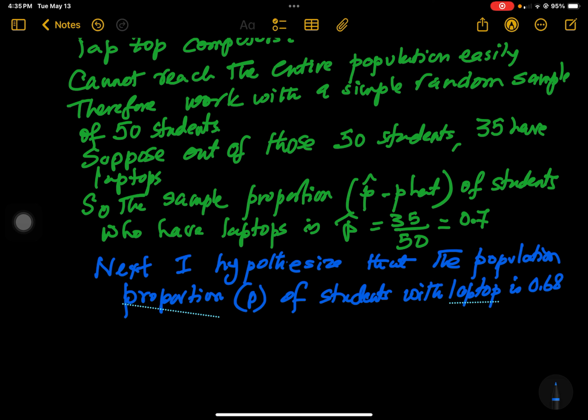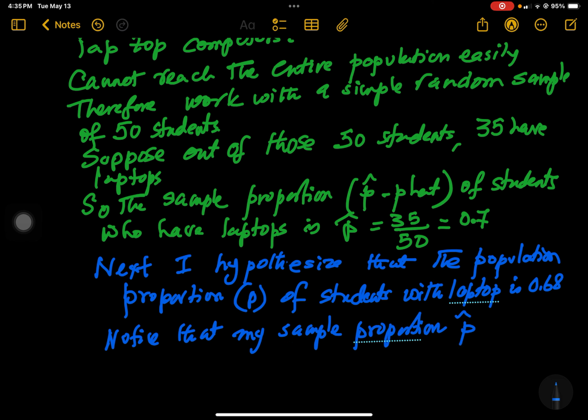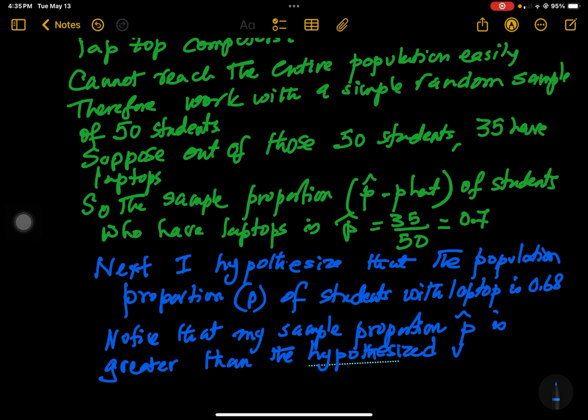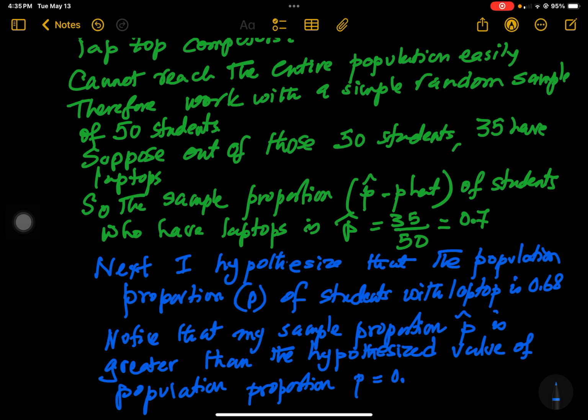Notice that my sample proportion P hat is greater than the hypothesized value of population proportion, P equal to 0.68.